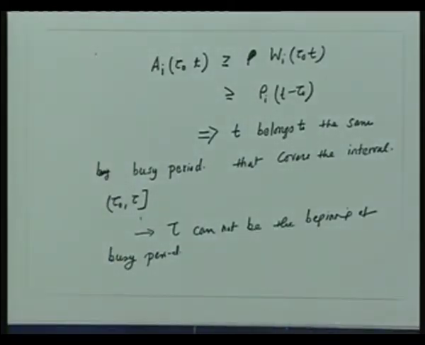So therefore, what we have really tried to prove here is that if tau is the beginning of a busy period, then it is also the beginning of an active period in a rate proportional server. Okay, so in a rate proportional server, what we have tried to prove is that if tau is the beginning of a session I busy period, then it is also the beginning of an active period.